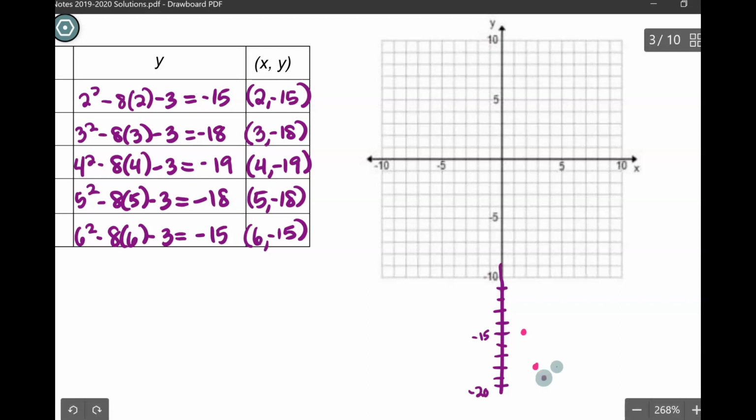I could probably go over a little bit more. It's kind of hard to fit it all on here. And then 6. And so there's our graph. And the vertex is 4, -19.